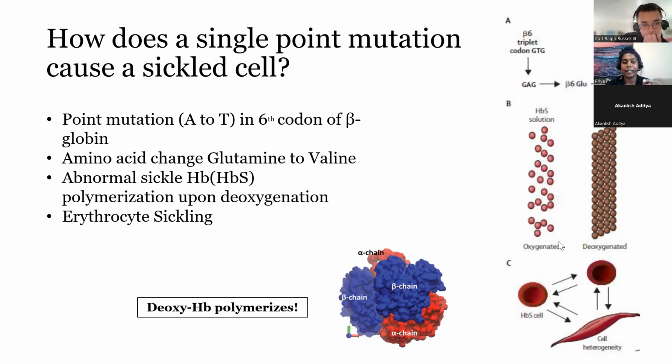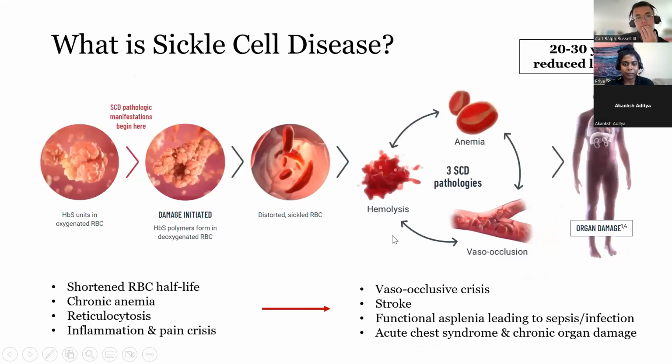It causes sickling of the red blood cell, which is problematic. So we see this distorted sickled shape, and it has a lot of effects on the red blood cell. It shortens the red blood cell's half-life. It increases hemolysis, which contributes to increased anemia.